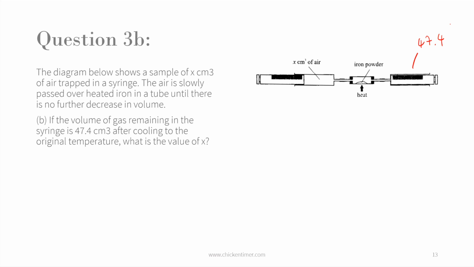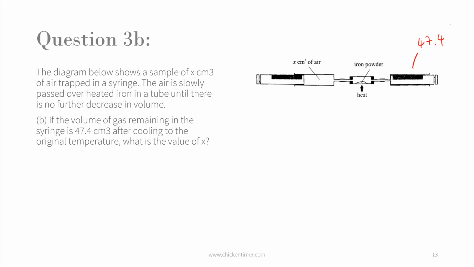So you have to figure out which gas the 47.4 is, then what percentage, then use whichever math to do it. So this is an experiment. You passed air over the iron, and iron oxide is formed. So at the end of the whole experiment, all the oxygen is used up.